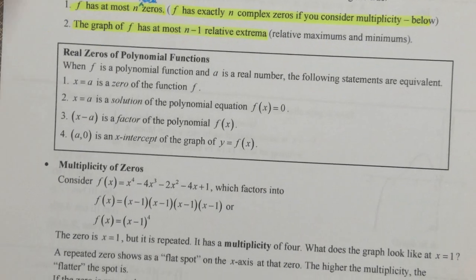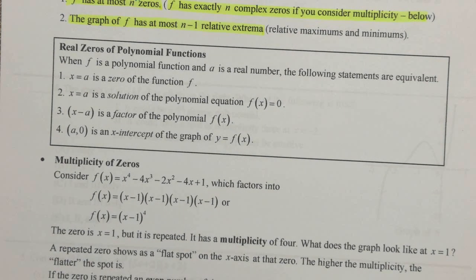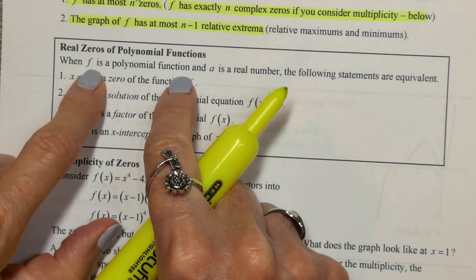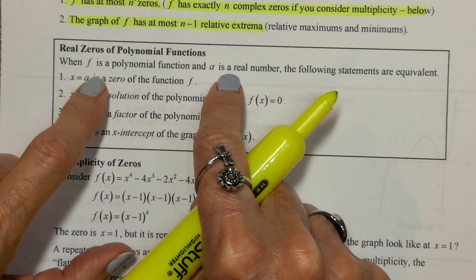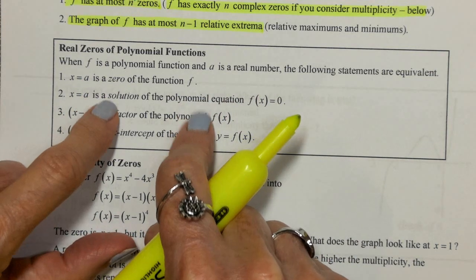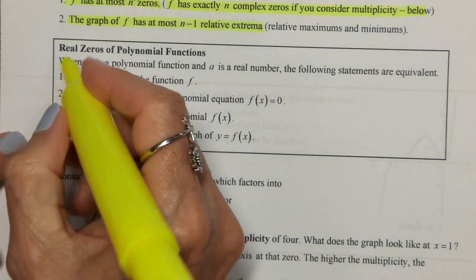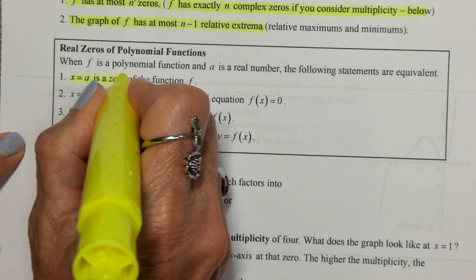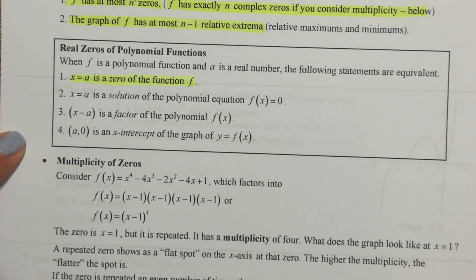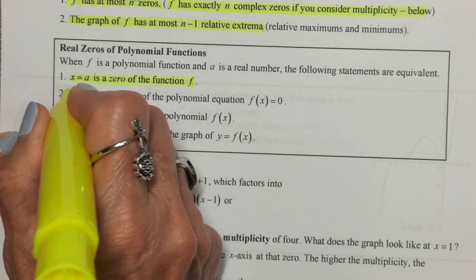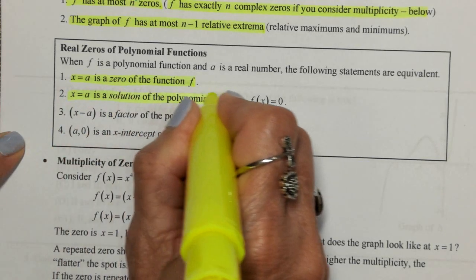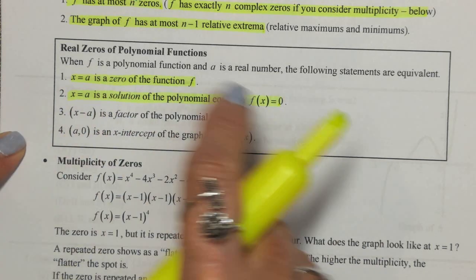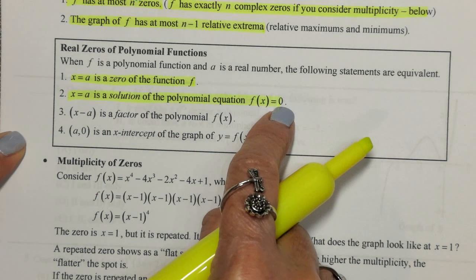Okay, a word about zeros of polynomial functions. When f is a polynomial function and a is a real number, all of the following are equivalent. X equals a is a zero of the function f. X equals a is a solution of the equation f equals 0.